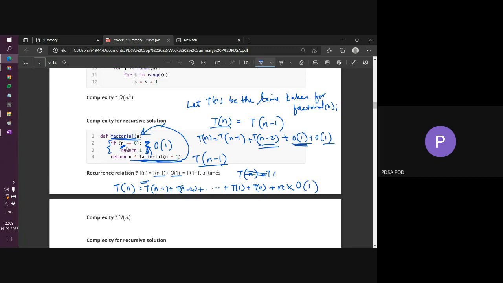Because when you had n minus 2, you had two ones here. So this is n minus n, and you have n ones here, correct? When you had n minus 2 here, you had two constants. This 0 is n minus n. So you have a multiplicative factor of n here, which is n into O of 1.